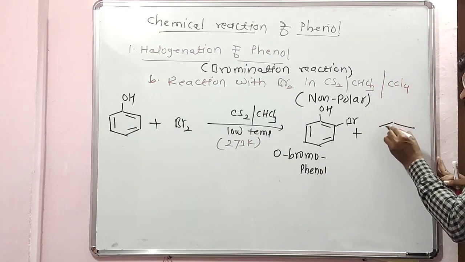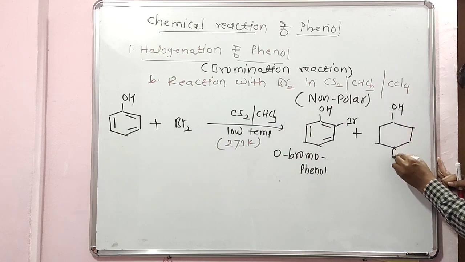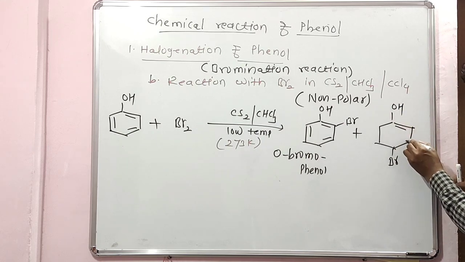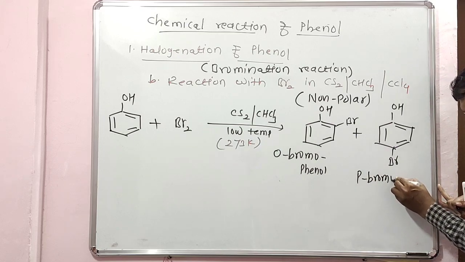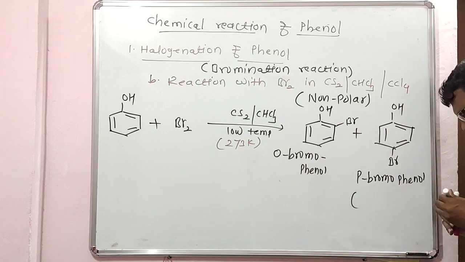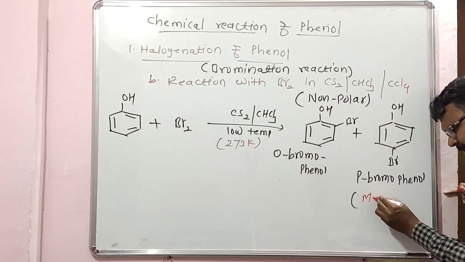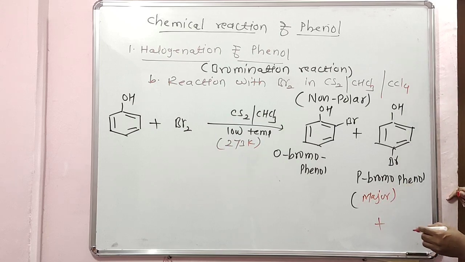Next, para-bromophenol, OH and Br. Para-bromophenol is the major product, plus HBr.